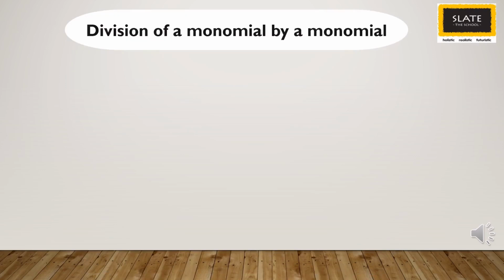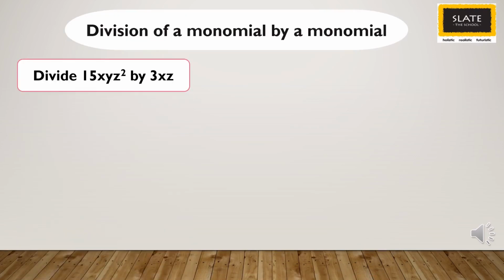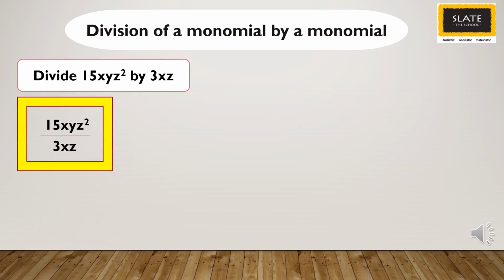In the division of polynomials, first let us see the division of a monomial by a monomial. Divide 15xyz square by 3xz. We write it as 15xyz square divided by 3xz. First we write the factors of numerator and denominator.